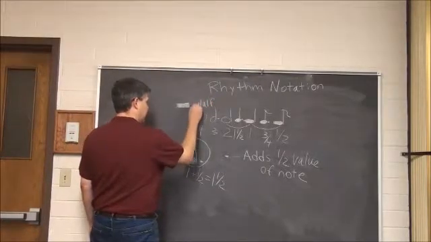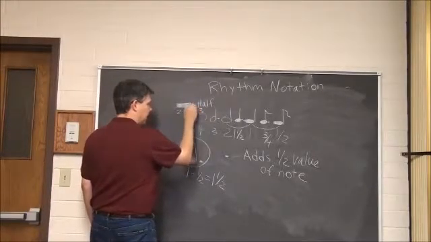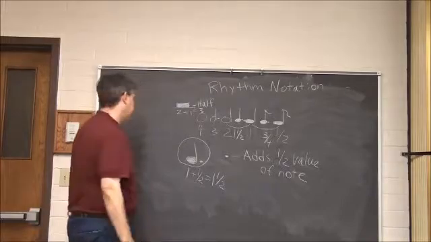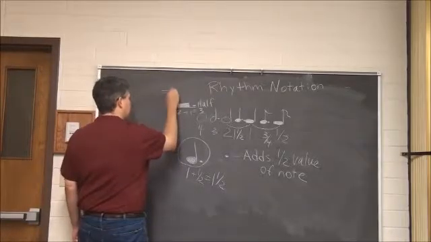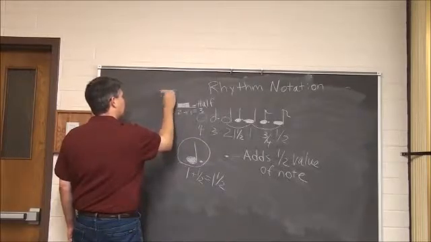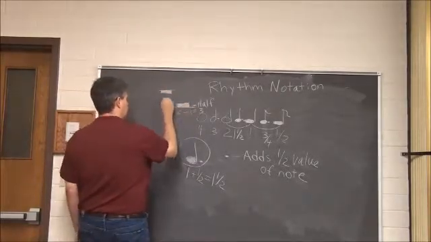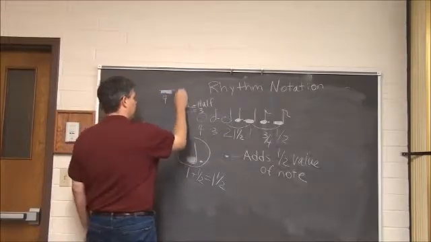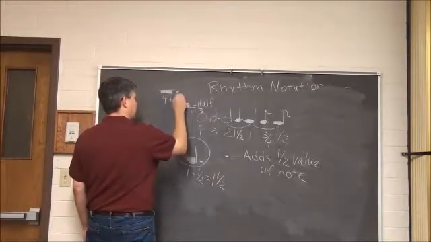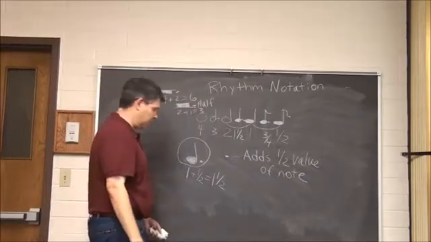If I put a dot next to it, I have 2 + 1. So that rest gets 3 beats. Let's do this one just for fun. If I have a whole rest, it's a hole in the ground. That's 4. If I add a dot, I add half of that. So a dotted whole rest gets 6 beats.